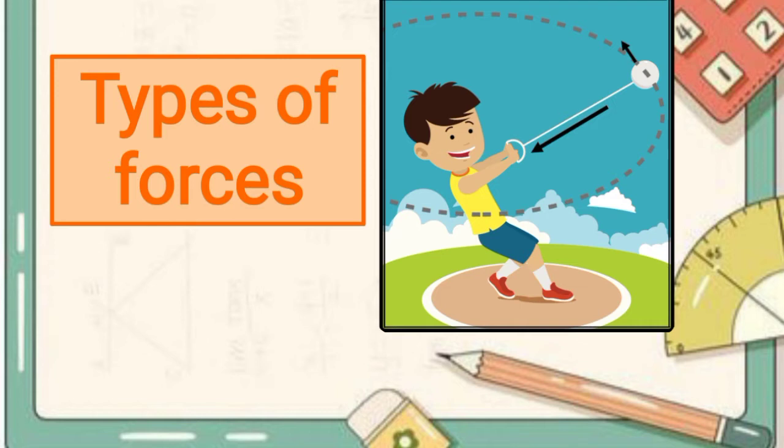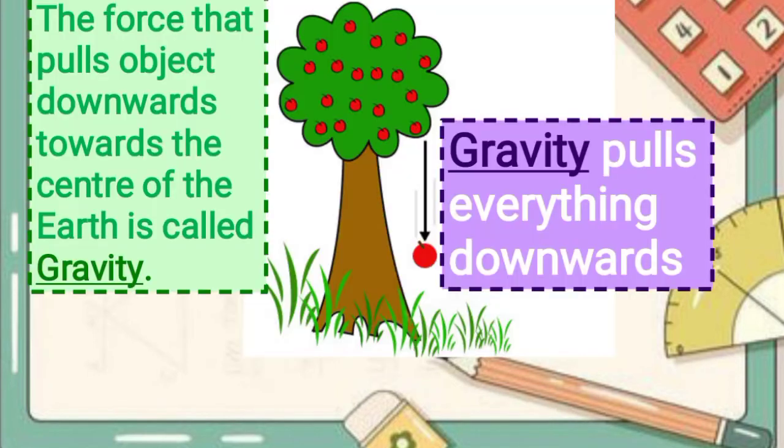In nature, there are two types of forces that are acting all the time, namely gravity and friction. So let's understand gravitational force and frictional force in detail.